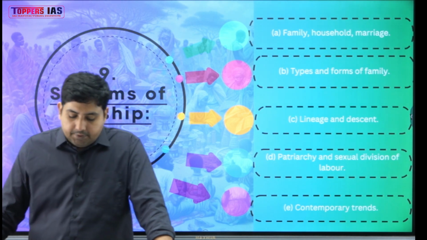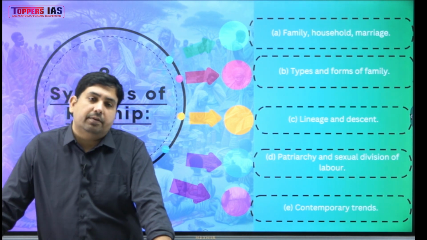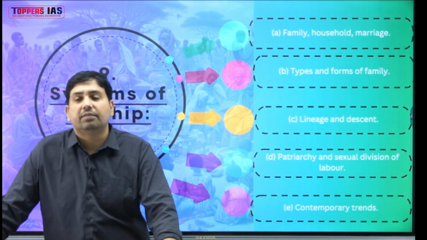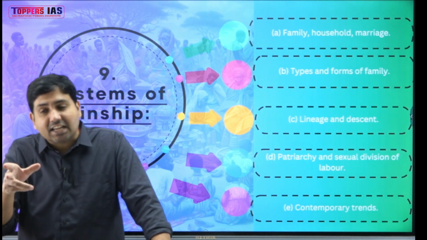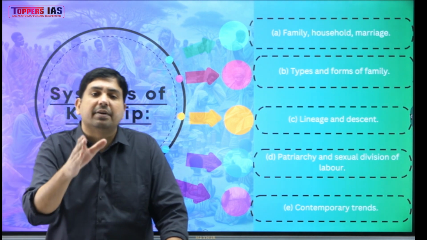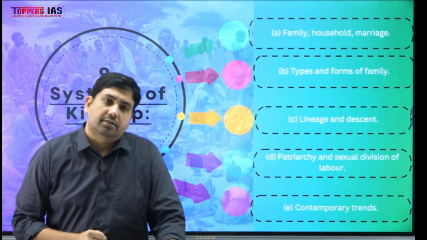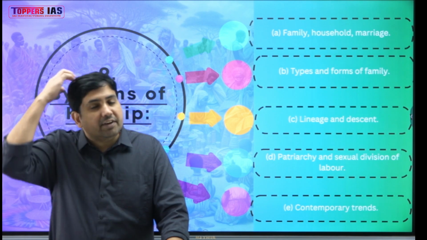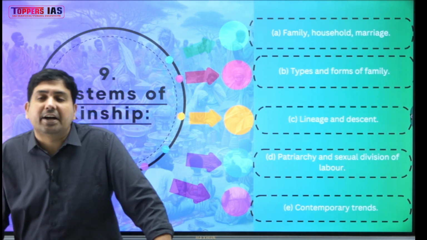Then sexual division of labor. What is sexual division of labor? It is the assignment of different tasks and roles to men and women based on their sex, often leading to what? Gender inequality.